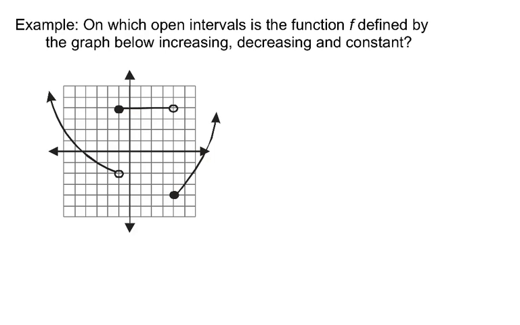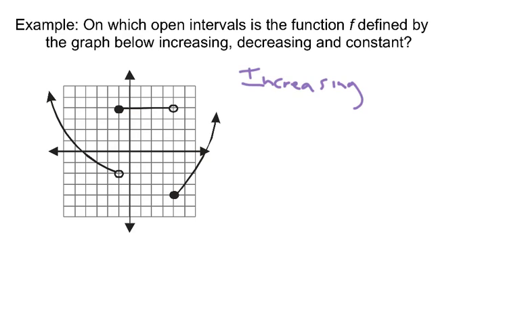Okay, starting over. So on which intervals is the function f defined by the graph below increasing, decreasing, and constant? Let's talk about increasing first. So the open interval we refer to is always going to refer to an interval on the x-axis.